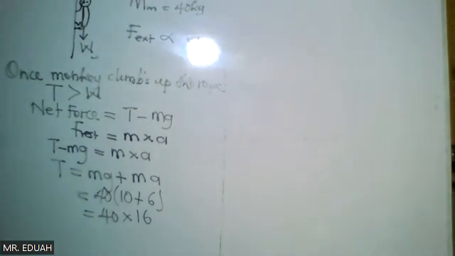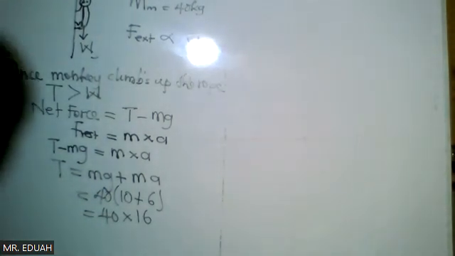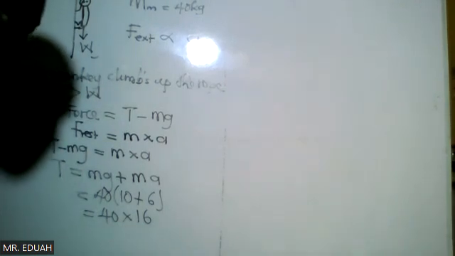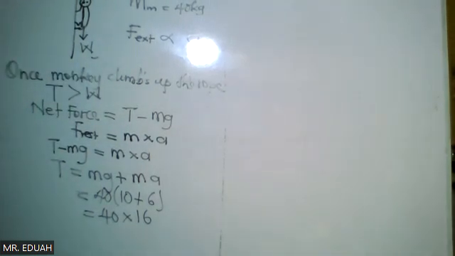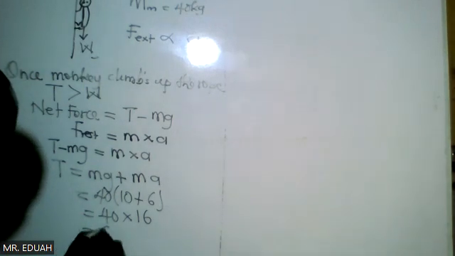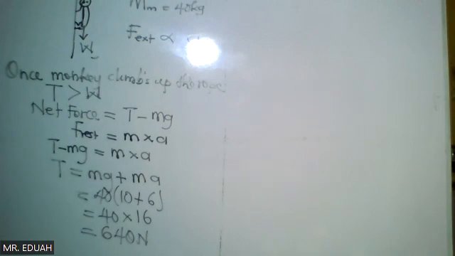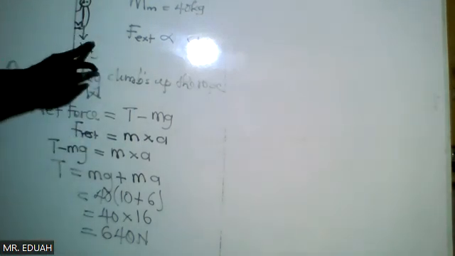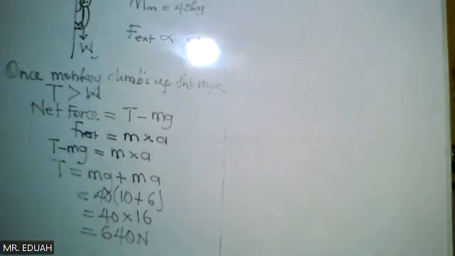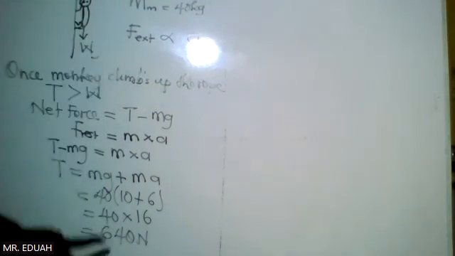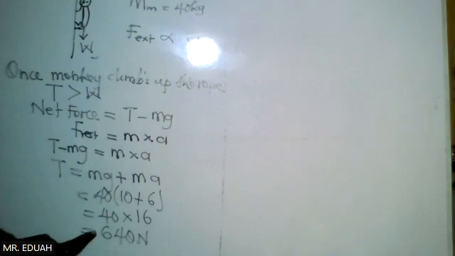And what is 40 times 16? Yes, Kenneth. Pardon? 640. This is 640 Newton. So it means that when the monkey accelerates up, this will be the tension within the string.